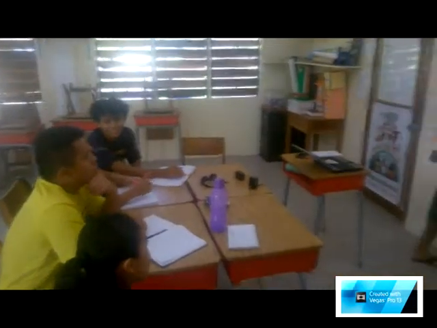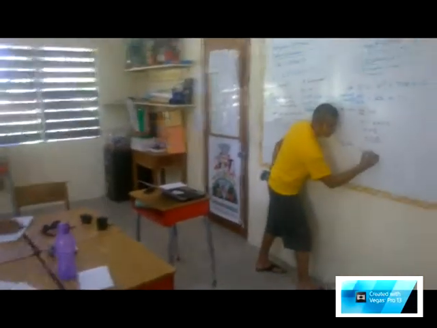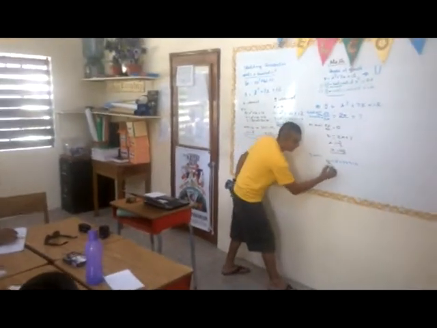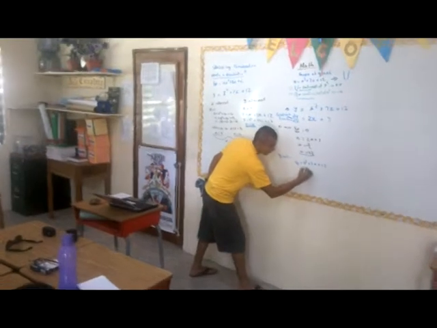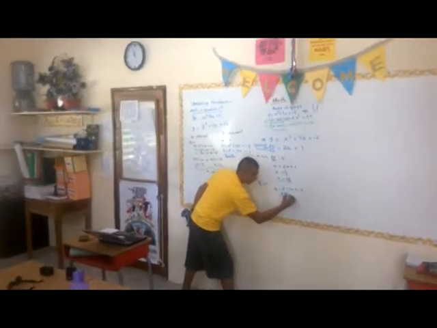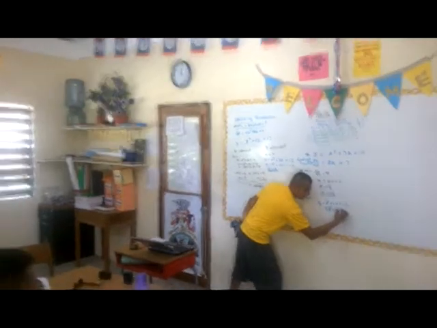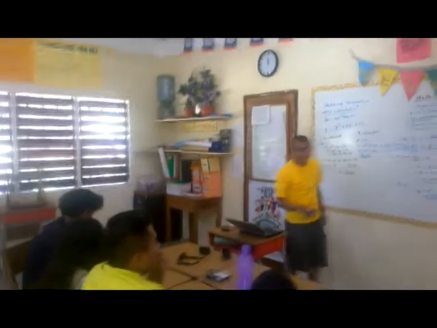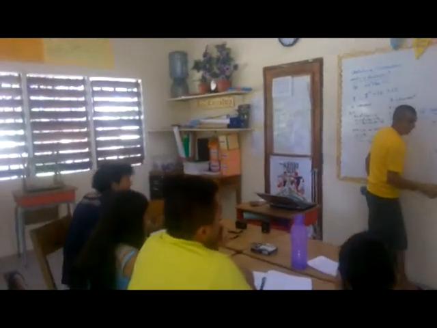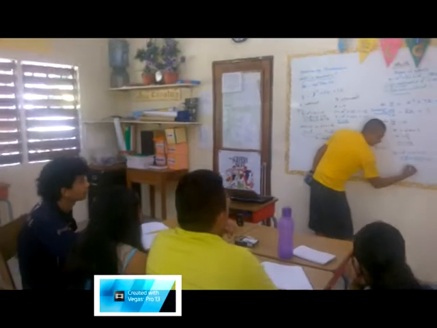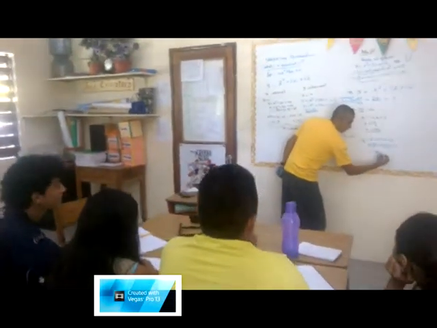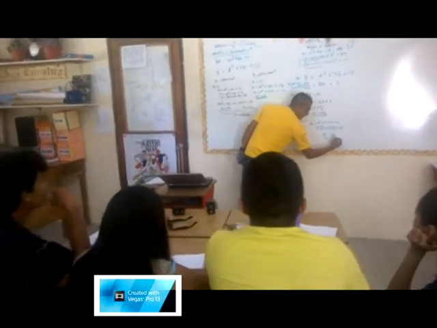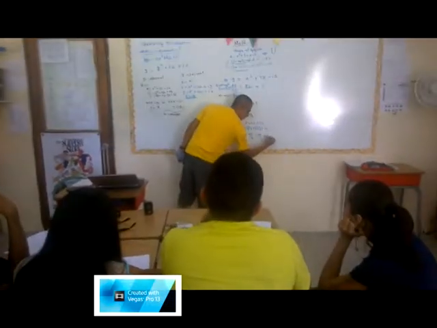Y is equal to, what's the original equation? X squared plus 7x plus 12. We are going to substitute this in there. So we have minus 7 over 2 squared plus 7 times minus 7 over 2 plus 12, which gives you what? 49 over 4 minus 49 over 2 plus 12.